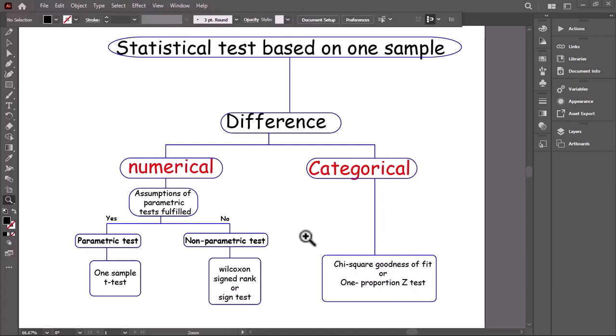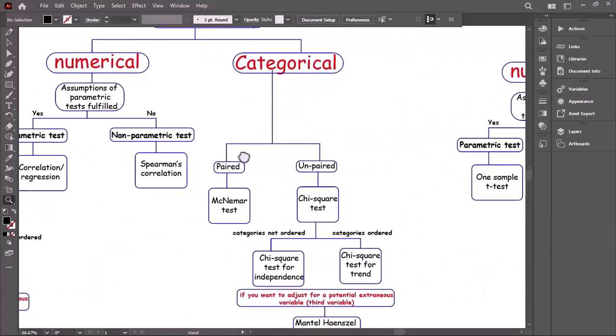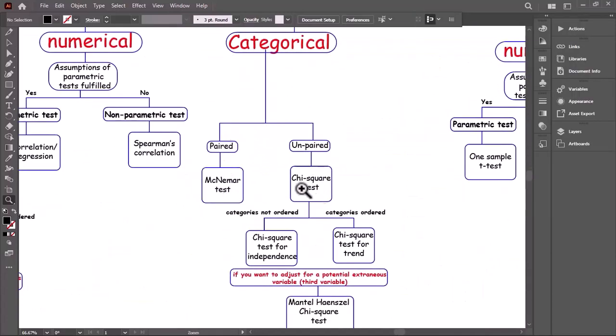One other thing to note about the chi-square is that it can accommodate more than two groups. It can do an analysis where your outcome has more than two groups, which is not the case with a one proportion Z test or the McNemar test. So chi-square can accommodate more than two groups.